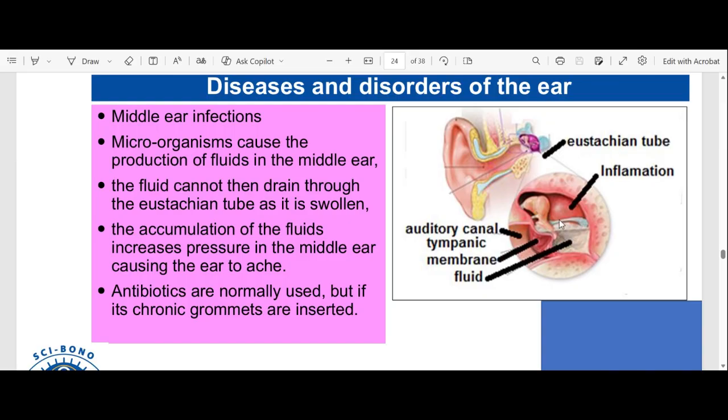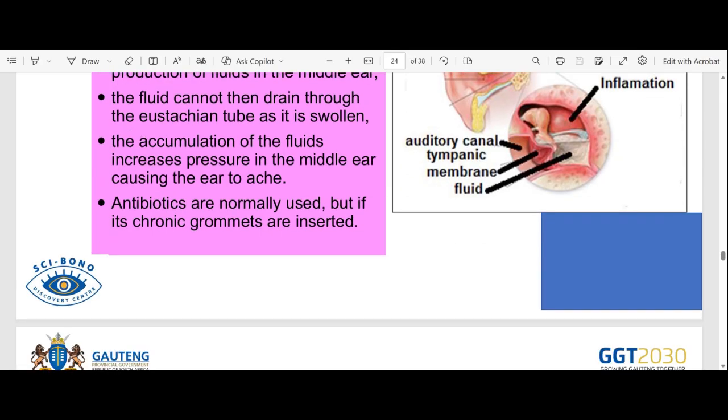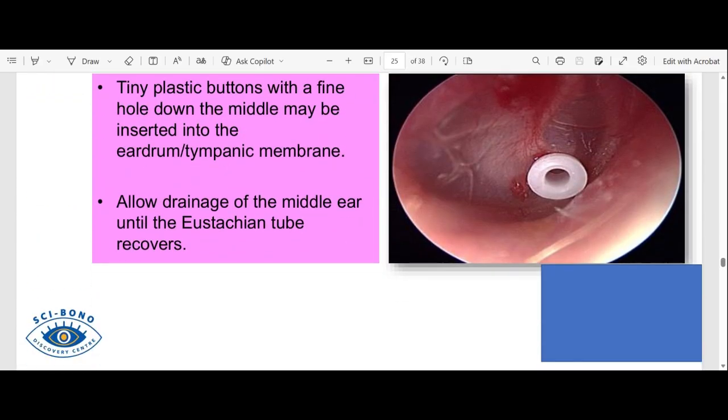So what do doctors use to treat this middle ear infection? They can use antibiotics in order to kill the microorganisms, or you can use grommets, right? If it's chronic, grommets. Grommets are inserted in the tympanic membrane in order to drain out the fluid in the middle ear. So these are grommets.